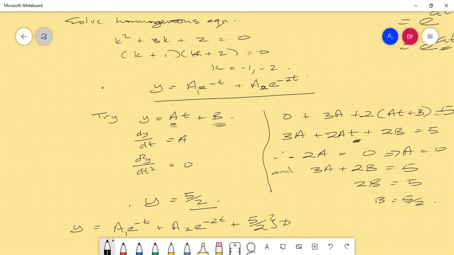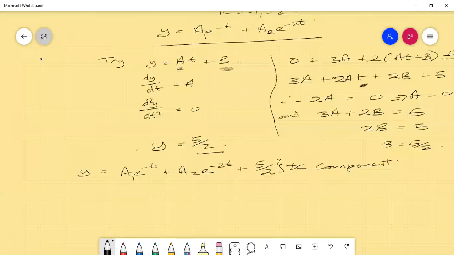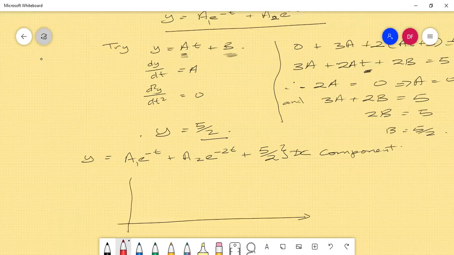Let me just write that down. That DC component is an offset, meaning that when I draw my curve, I'm going to have to draw another line at 5 over 2, and that becomes my new axis. So my curve is going to look something like this.